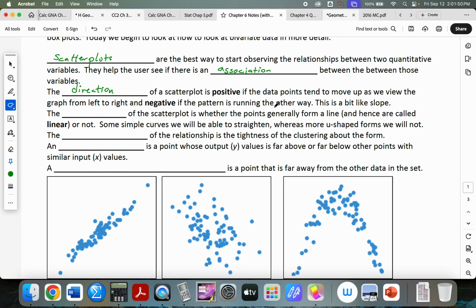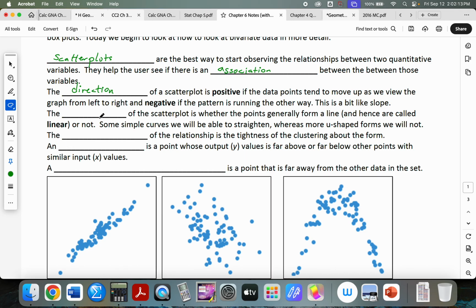Now be careful, if I change that slightly, I could make it blood alcohol level and the time it takes to complete a task. As blood alcohol level goes up, the time that it takes to complete the task also goes up. Those have a positive direction in their association.